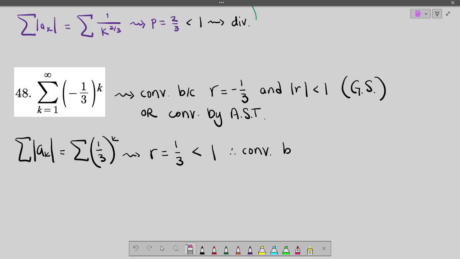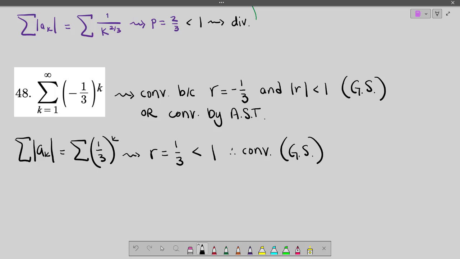Geometric series, I don't want to say by geometric series, I'll just say it converges and point out that it's a geometric series. When you say R equals, you're indicating that you know it's a geometric series, just like if you say P equals, you're indicating you know it's a P series. Okay, so we've got that our given series converges by one of these two methods.